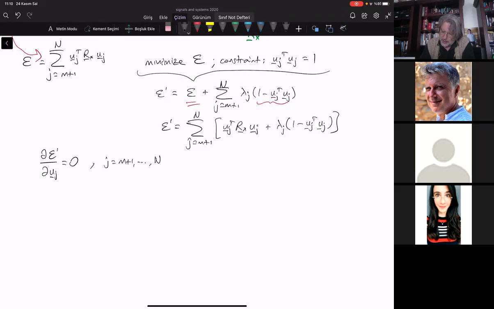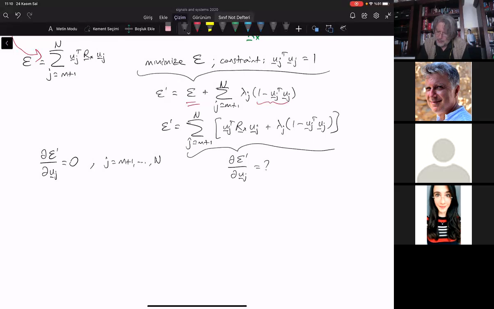So I need to take the partial derivative with respect to uj. What is it? You may not really remember from vector calculus how to handle these things, but I can tell you that they are quite similar to normal scalar derivatives.